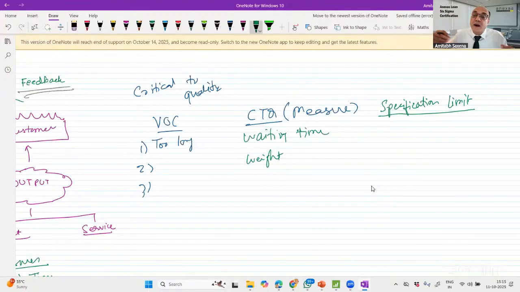If the measure is accompanied by a specification limit, like for example, waiting time should be less than 15 minutes, and you combine the two together, we call it a KPI. Very common, you must have heard your boss always talking about KPI. So KPI is nothing but a measure with a specification limit.